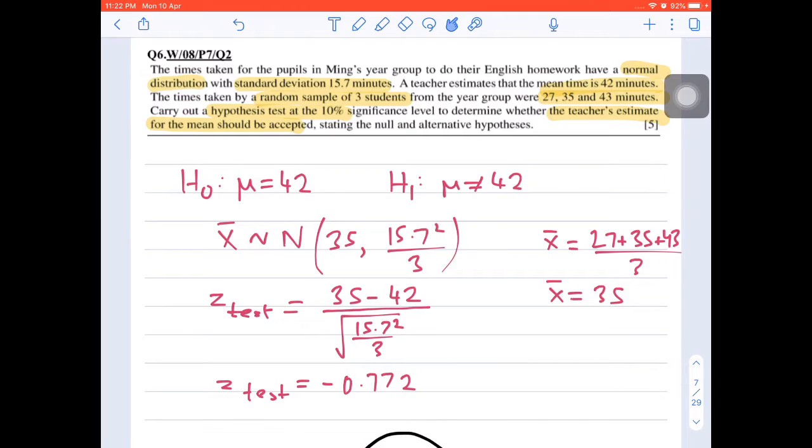To find the mean, we can use the unbiased estimator of the mean, that is the sample mean. The sample mean is the sum of all of the values upon the number of values. That was 35, and the variance will be the deviation squared upon the size of the sample. Then we found the z-test value.